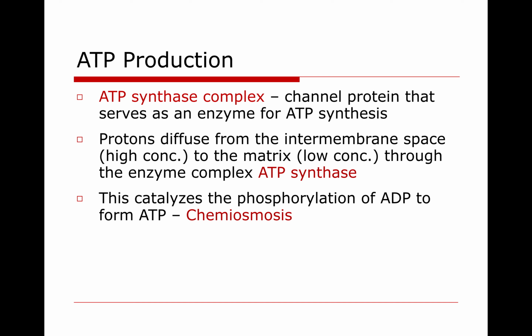So that's basically just saying we pump hydrogens out and they flow back in through the ATP synthase, like a river. This takes ADP and forms ATP, puts that other phosphate on there. That's called chemoosmosis.